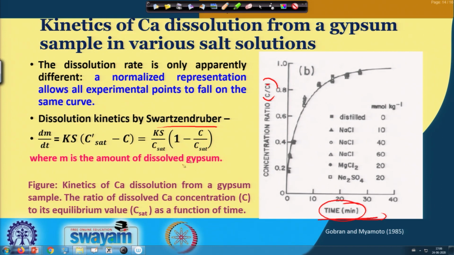Here C stands for calcium concentration and C sat is the equilibrium value. So, this relationship can be expressed in terms of this mathematical relation.